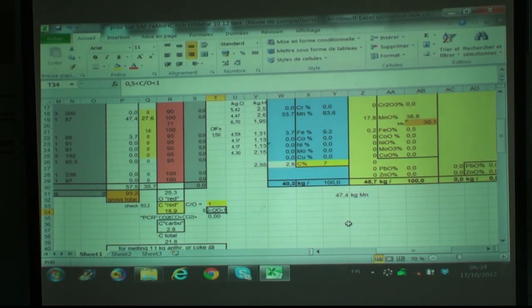I guess this should give 18.9. Can you check?